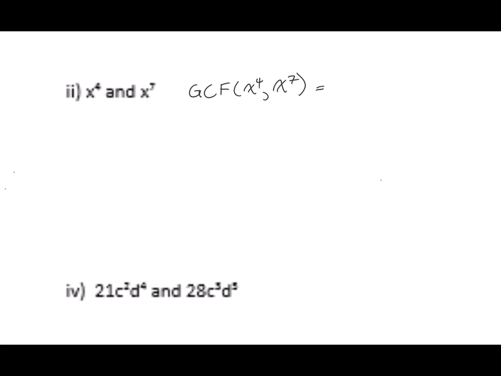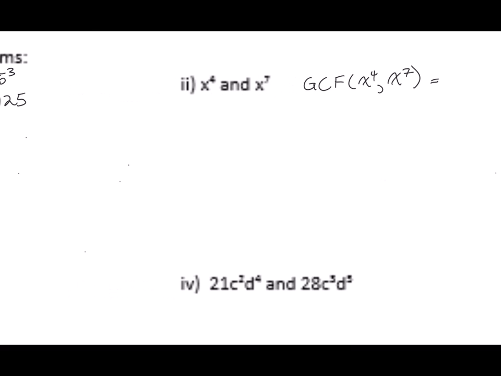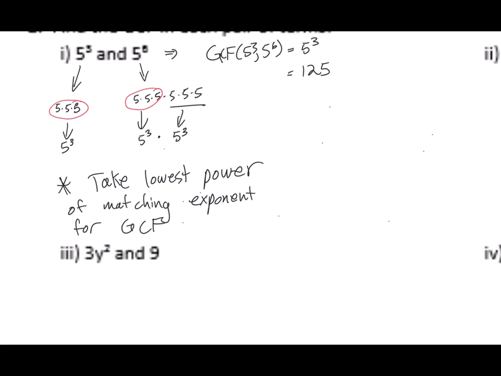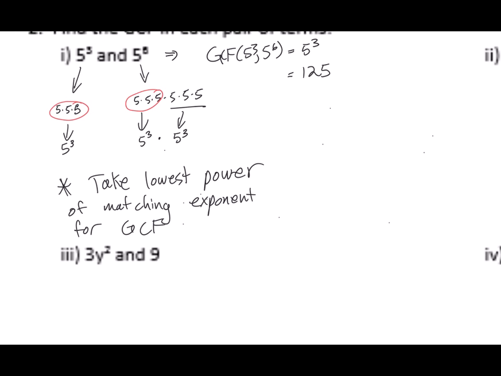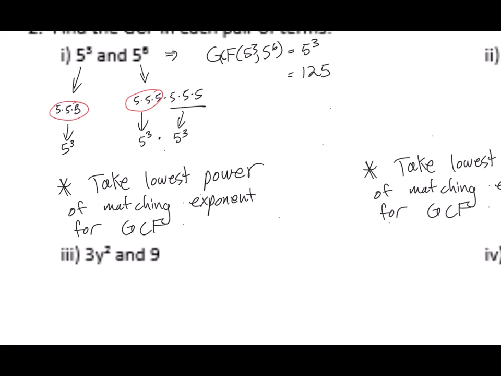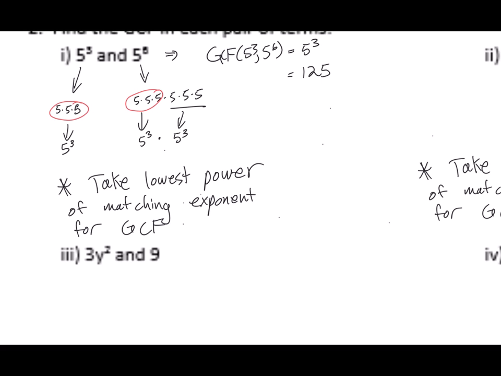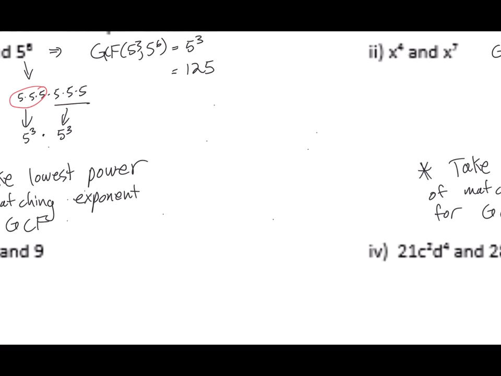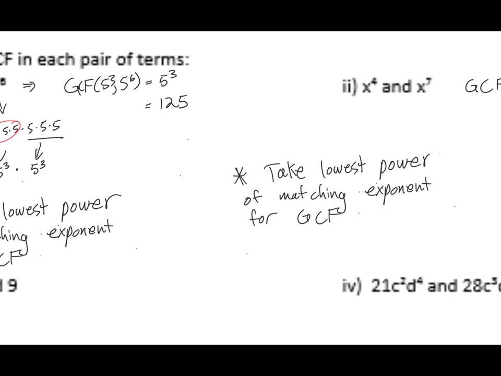Well, just like before, we literally said that we must take the lowest power for our GCF. And we're going to use that in our next problem. No big deal whatsoever.